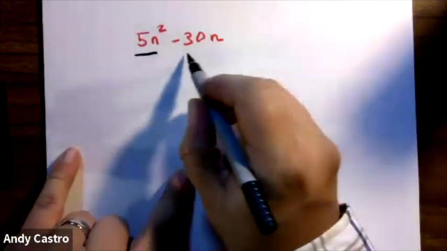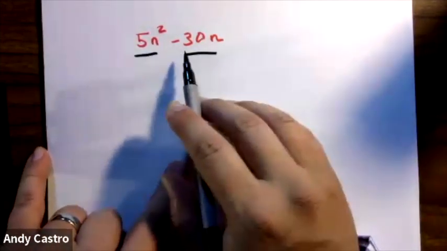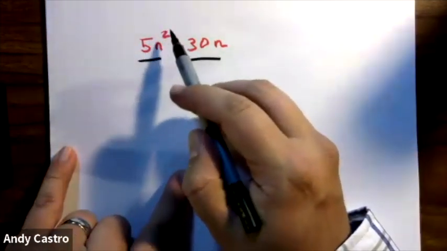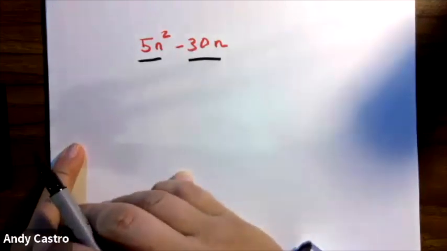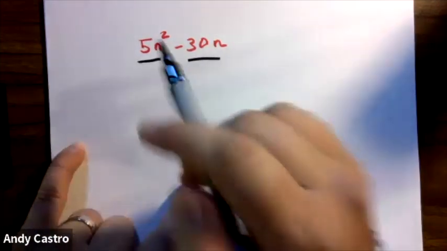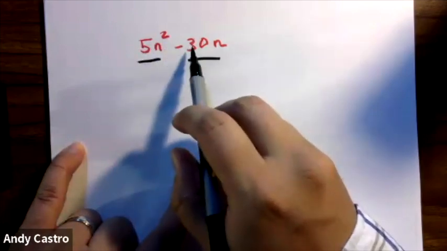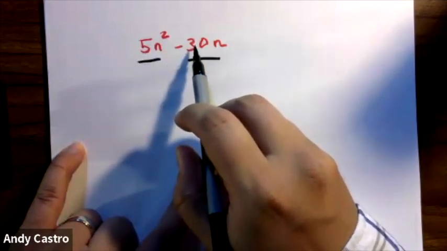Well, if we look at these two terms, we have 5n squared and we have negative 30n, right? Coefficients of 5, negative 30. This is a quadratic, two terms. A lot we could say about this. Now, I can pull a 5 out of each of these because 30 is 6 times 5.